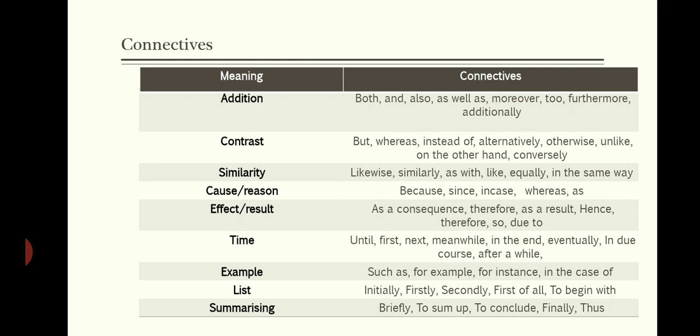So the meaning is similar to as per. As per the calculations, this can be simple. According to. Next is like, equally. Example, both the kids are equally good at maths. In the same way.